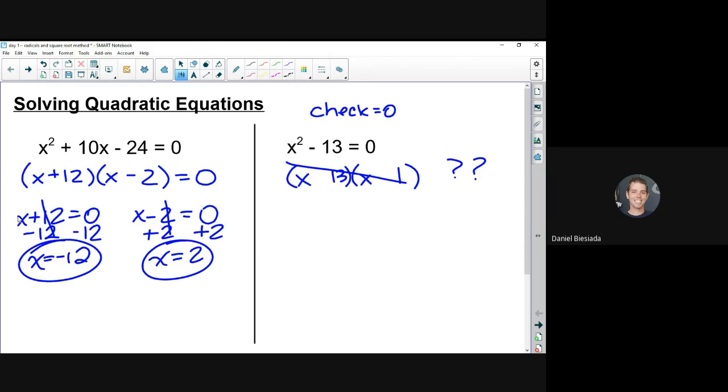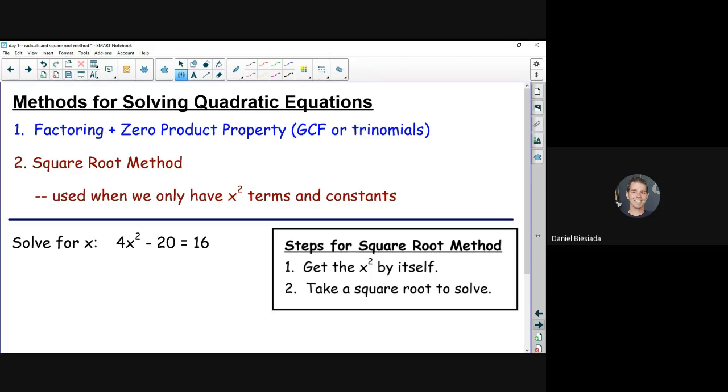So if that doesn't work, the question becomes, what does that leave us with? And that's going to get us set up for our second method for solving quadratics, which is the square root method. So at the top here, I've put that our first method for solving quadratic equations was factoring and the zero product property. The problem is that doesn't always work. So our second method that we sometimes use is called the square root method. Now, we're going to present this as a new method, but it's something you've actually done before.